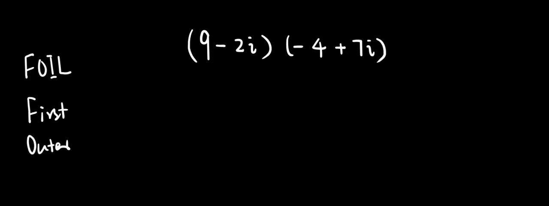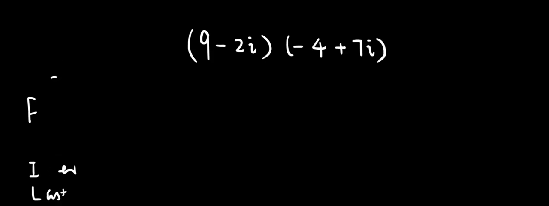Okay, this is the third method. Remember in Algebra 1, when you learn how to multiply polynomial, you learn such thing called a FOIL. F is first, O is outer, and I is inner, and L is last. Okay, so we're going to use this FOIL method.